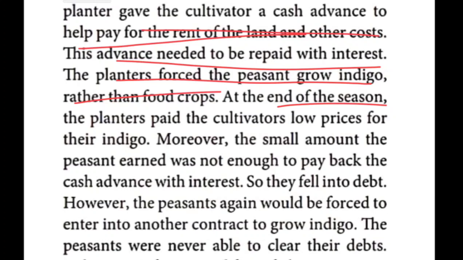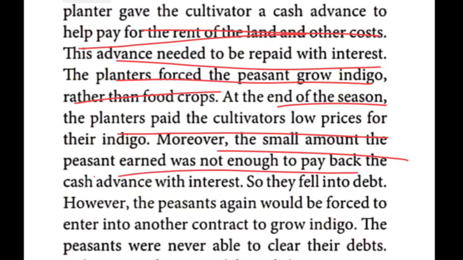The planters paid the cultivators very low prices for their indigo. The small amount the peasant earned was not enough to pay back the capital as well as the interest.